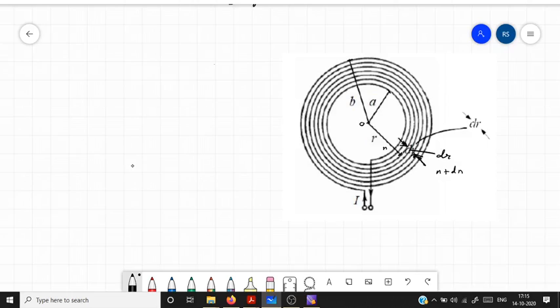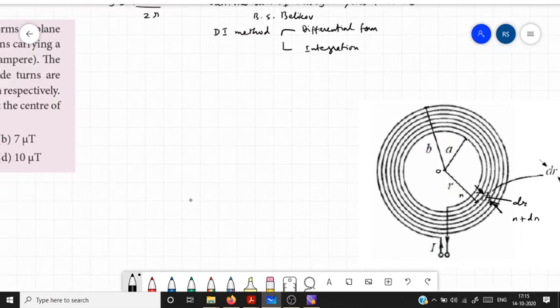So we will now write the values for both the places. In the inner portion where the radius is r, the formula remains the same. In the outer portion, we will take the value as B dash, which will be equal to mu naught I into n plus dn divided by 2r.